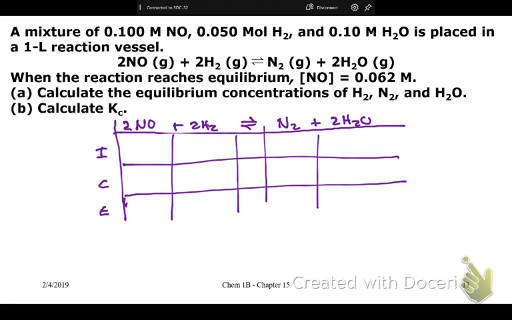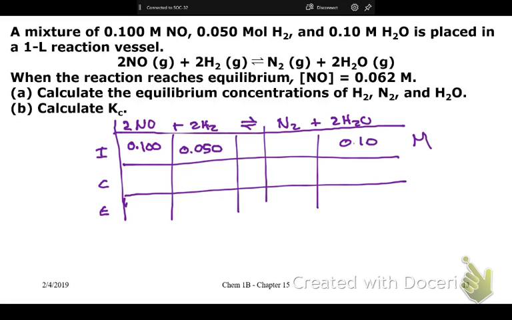So it's a 1 liter vessel. This one's 0.1. The H2 is that many moles in a liter, so it's 0.050. And the H2O is 0.10 molar.